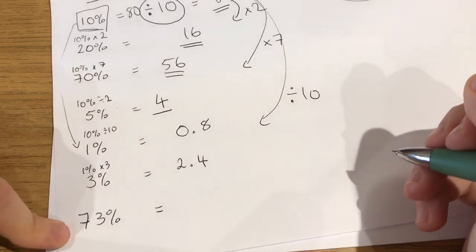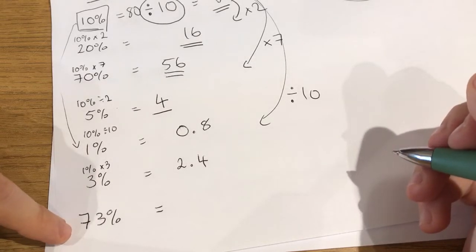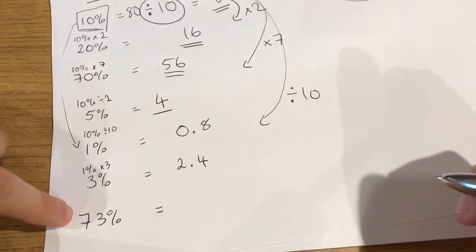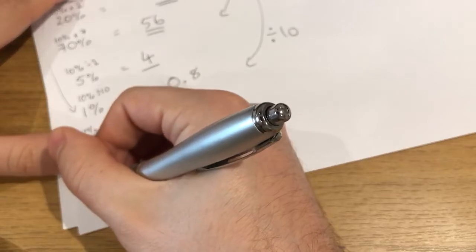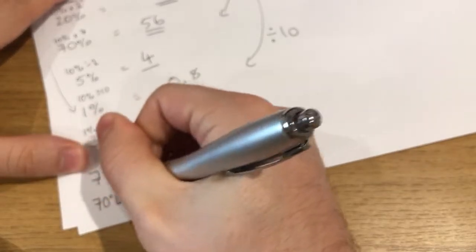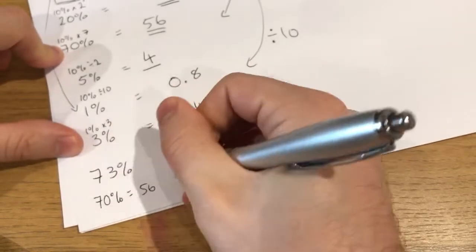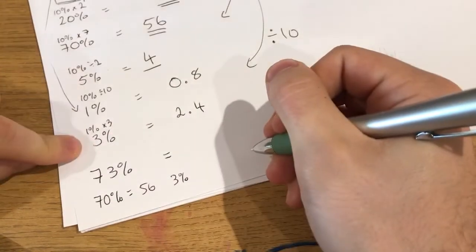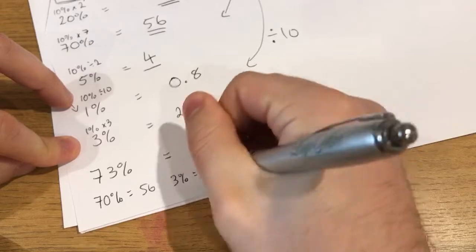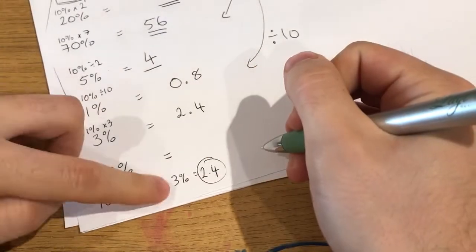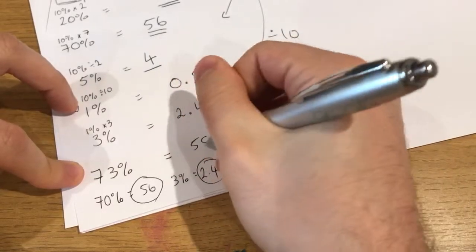Now 73%, we could do 1% times 73, but there's an easier way. Let's use what we already know. 70% we worked out earlier by doing 10% times 7, that's 56. 3% we did 1% times 3, 2.4. So we can combine those, 70% plus 3% is 73%, 58.4.